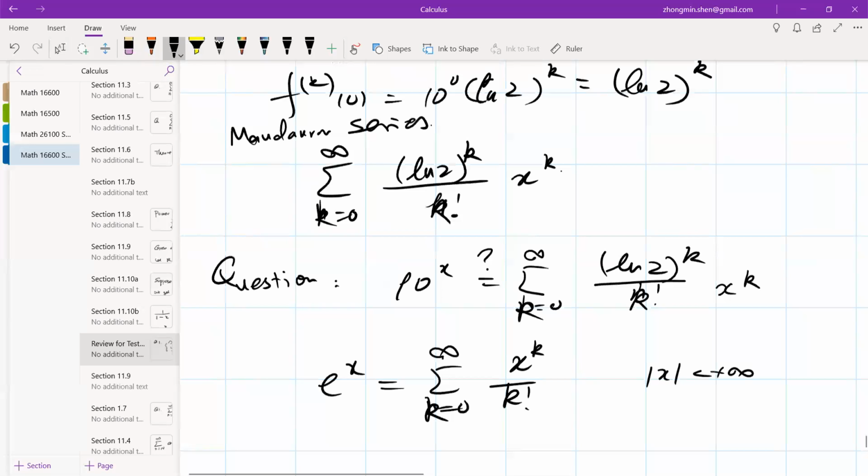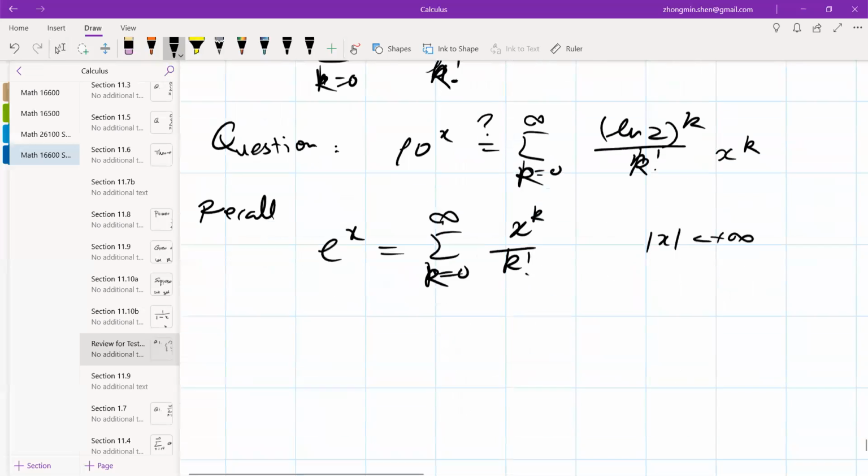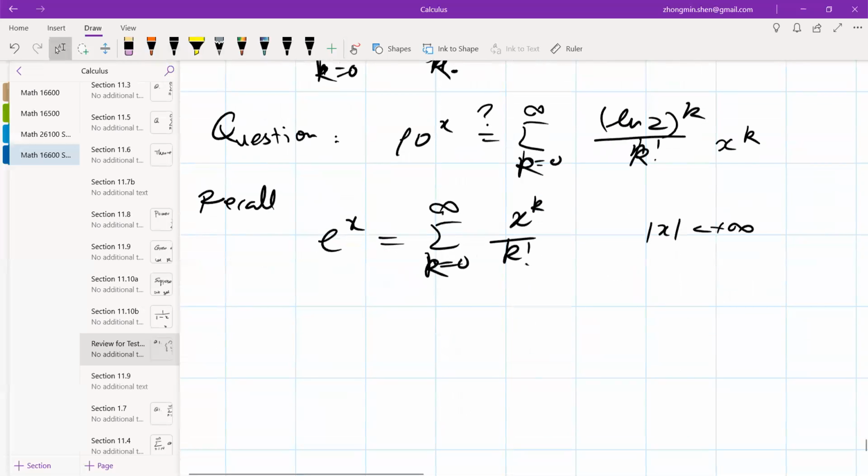Right, we know. Recall. But e is not 10, but you can modify it. 10 to the x is going to be e to the natural log of 10 to the x, which is e to the x natural log of 10.